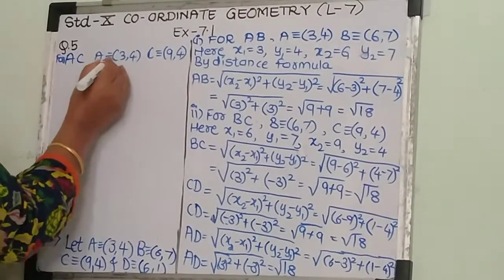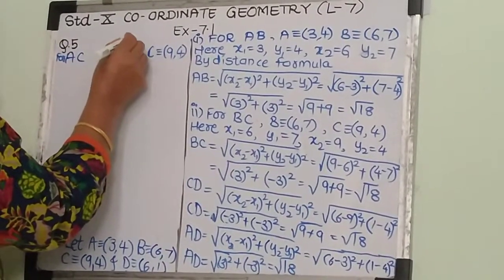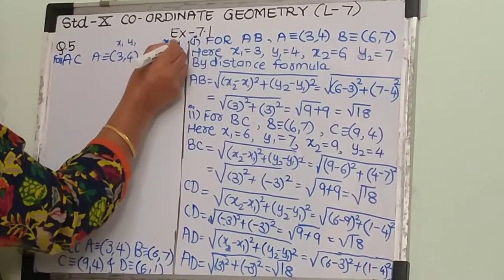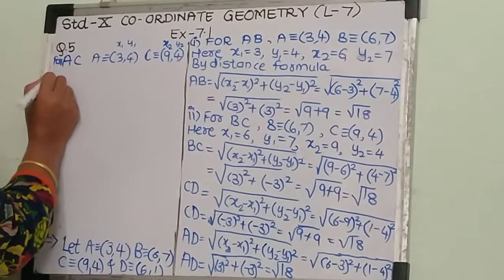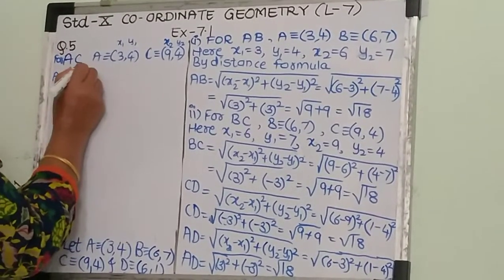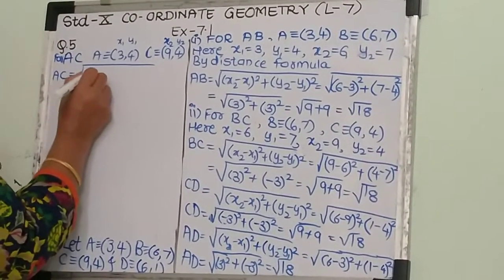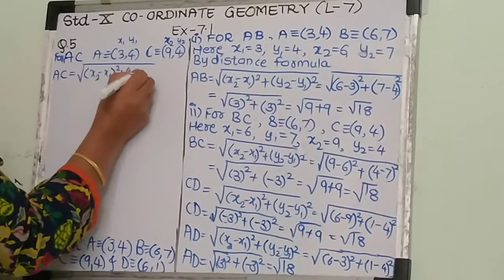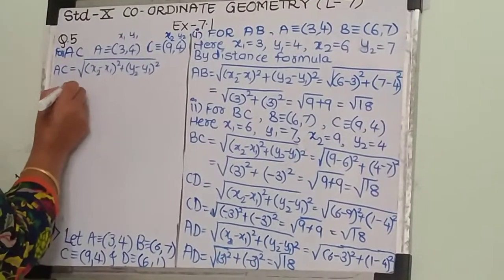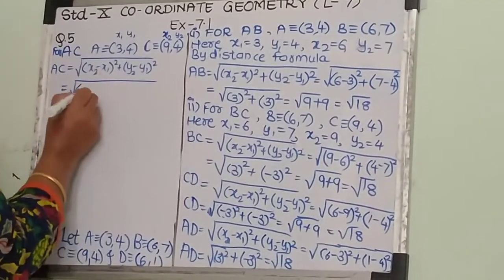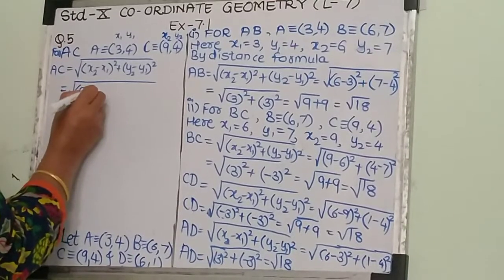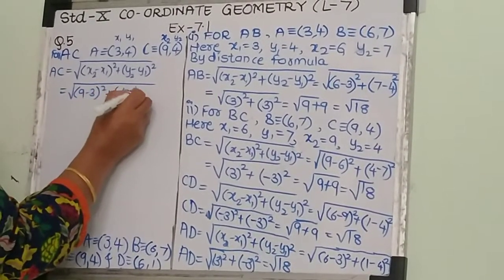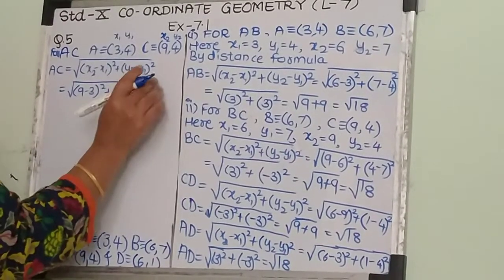So A's coordinates will be x1, y1 and C's coordinates will be x2, y2. So first we write, by using the distance formula, AC equal to root of (x2 minus x1) square plus (y2 minus y1) square. So here we get x2, that is (9 minus 3) square plus (4 minus 4) square.